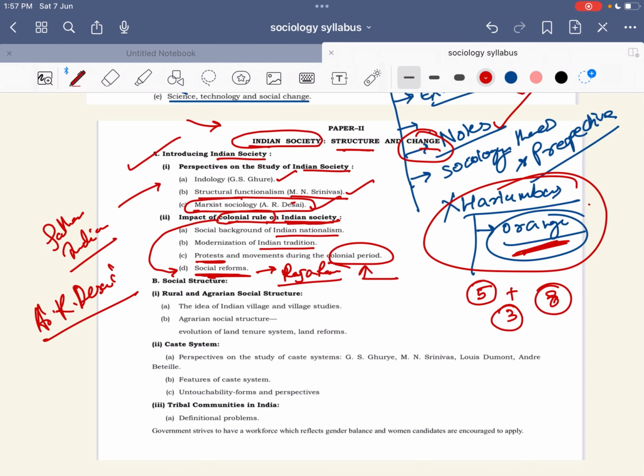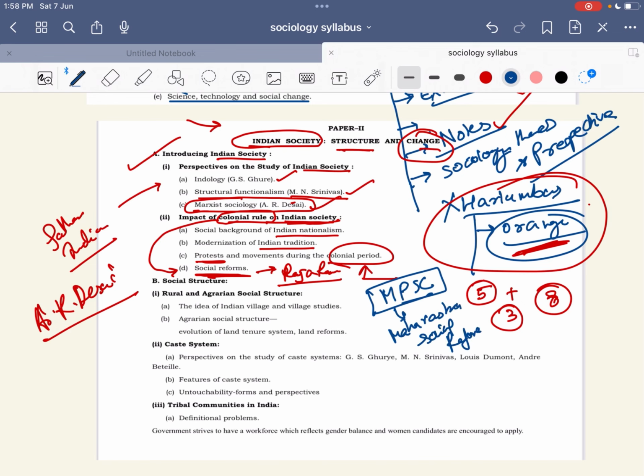Understand what I'm telling? And those who are studying for MPSC, because now this year what has happened, कि MPSC, Maharashtra Public Service Commission, they have also introduced their pattern on the lines of UPSC. Okay, तो what is expected from those candidates, कि in this social reforms you have to study the social reformers from Maharashtra also. Okay, Maharashtra social reformers.